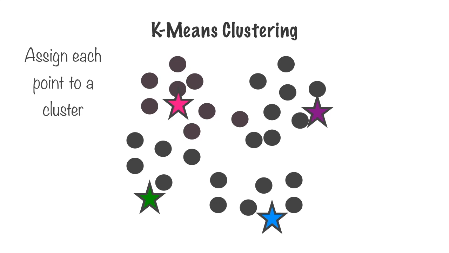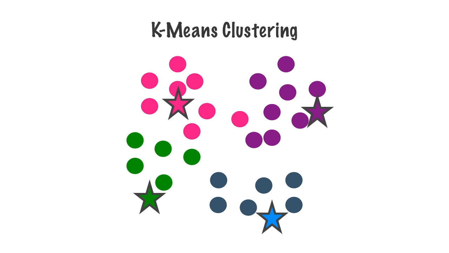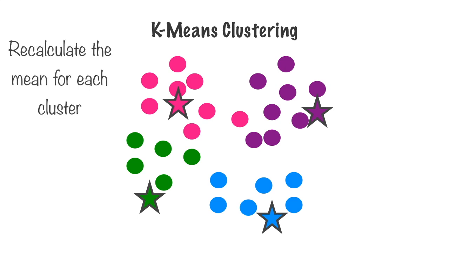We'll use some kind of distance measure to calculate how far away a particular point is from one of the centroids, and we'll choose the centroid that is the closest to that point so that we have a number of points which belong to the pink centroid, to the purple centroid, to the green, as well as to the blue centroid. Because we have initialized k different centroids and we've associated points with each of these centroids, what we have now is some approximation of points in k clusters.